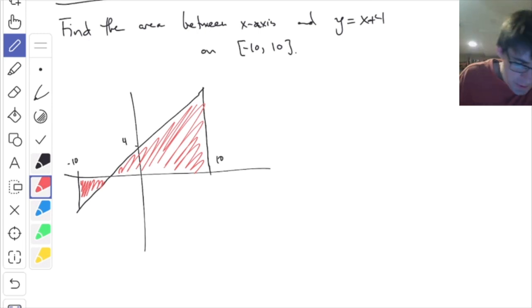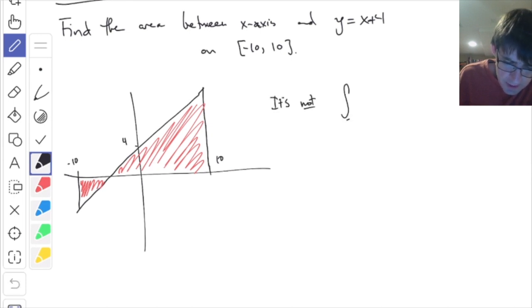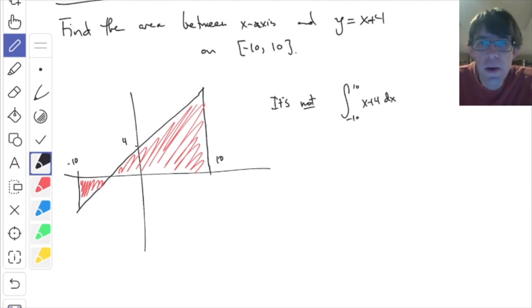You may be tempted, but it's not the integral from minus 10 to 10 of x plus 4 dx. That would be too easy. Why is it not that? It's because of the way that the integral measures area. This is something I discussed in detail in the video.